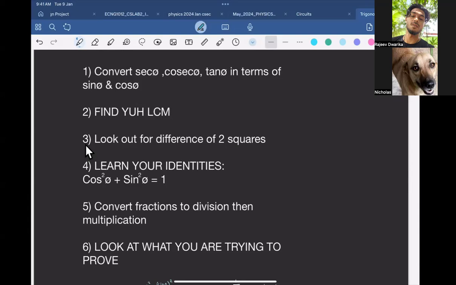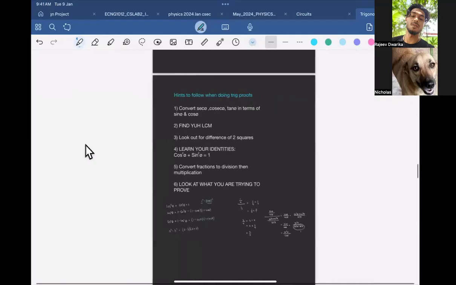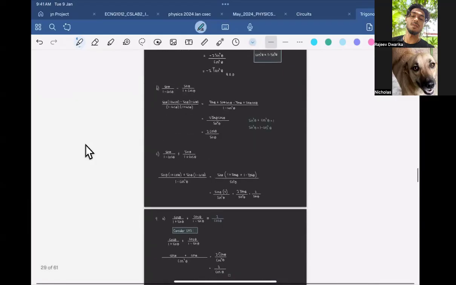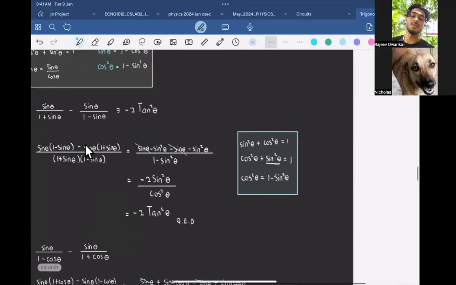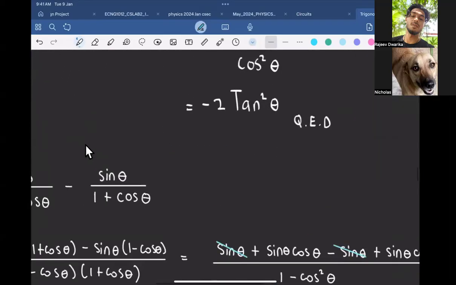Five, you need to be able to convert fractions to division and multiplication. And lastly, look at what you're trying to prove. Biggest hint. So let me start.